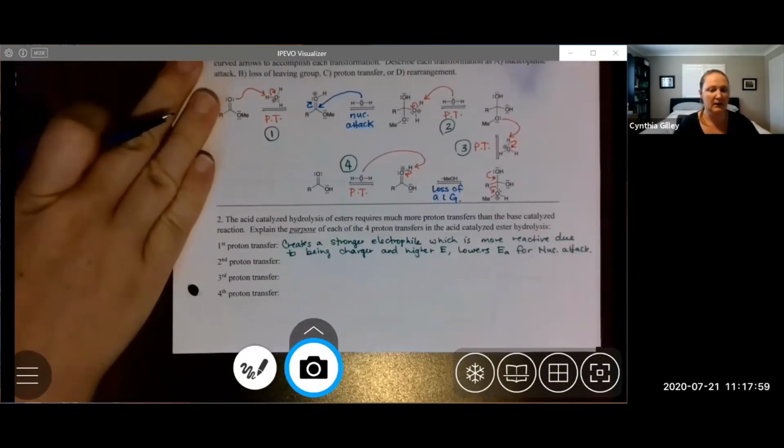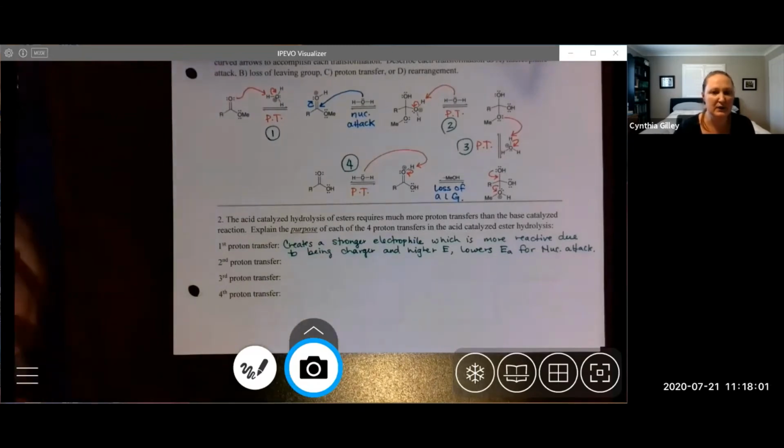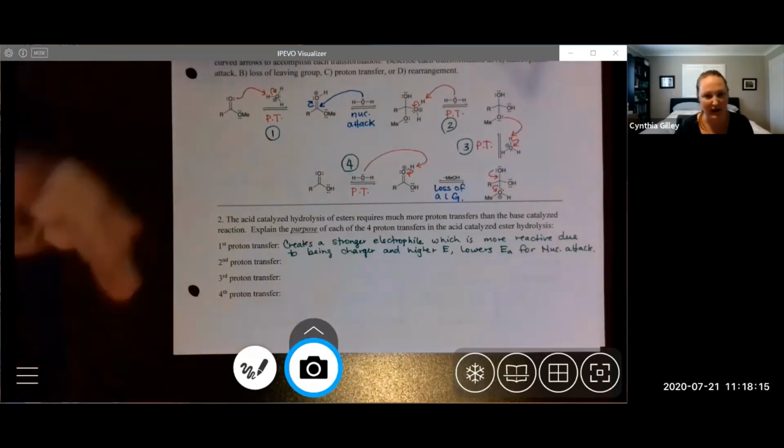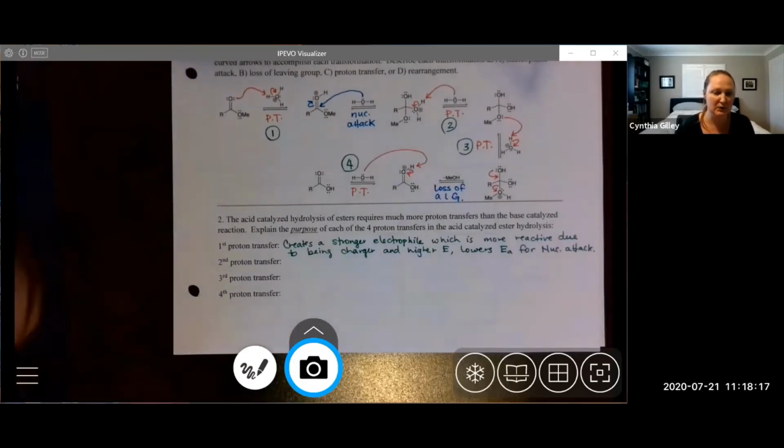Okay. What is the purpose of the second proton transfer? Well, proton transfers are happening all the time in solution. Basically, notice how all the positively charged things are oxygen. So at some point, all of the oxygens have or don't have a proton to be neutral or positively charged.